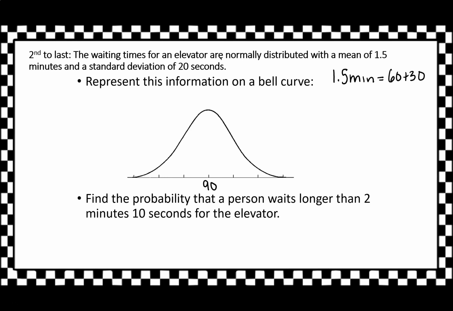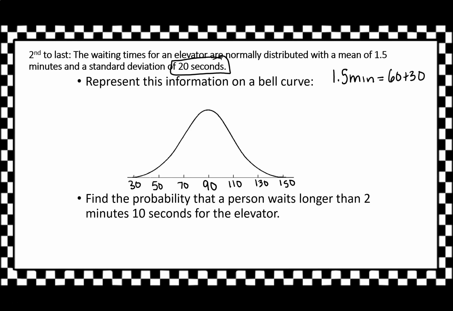And then we've got a standard deviation of 20 seconds. So I'm going to add 20. So that gives me 110. I'm going to add 20 again. That's going to give me 130. Add 20 again. That's going to give me 150. Now I need to go ahead and subtract 20 in the other direction. So that's going to be 70. This is going to be 50. And this is going to be 30.